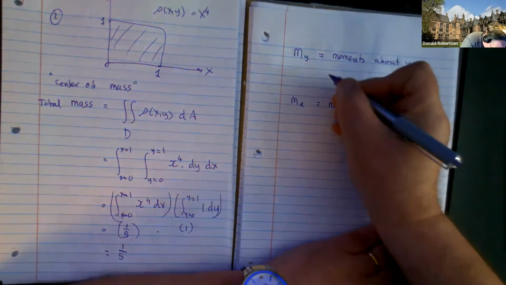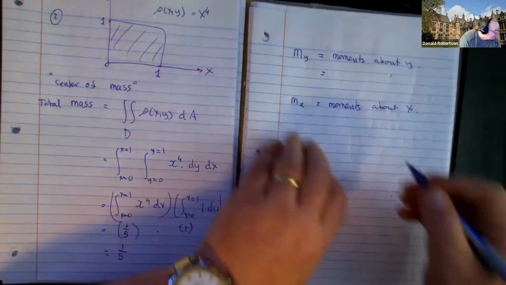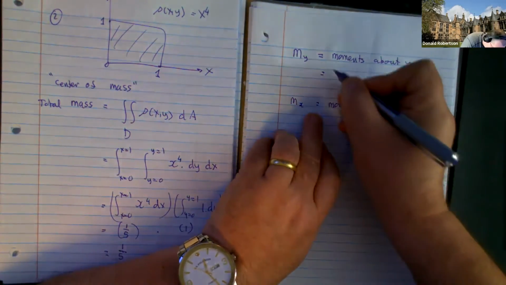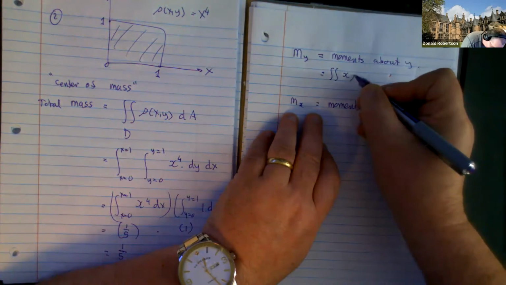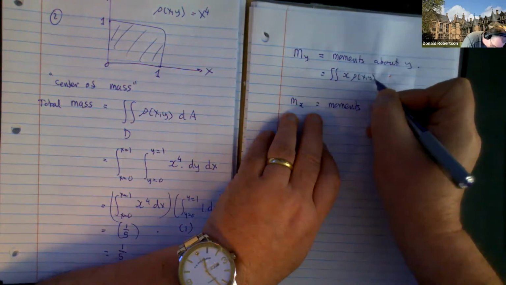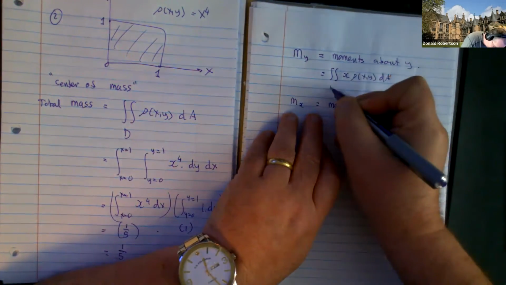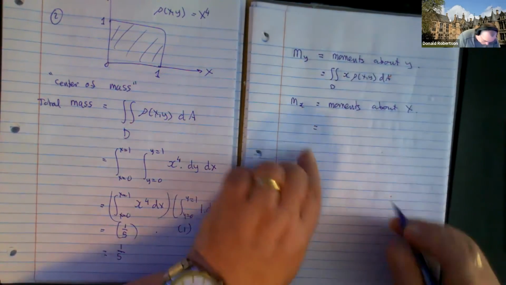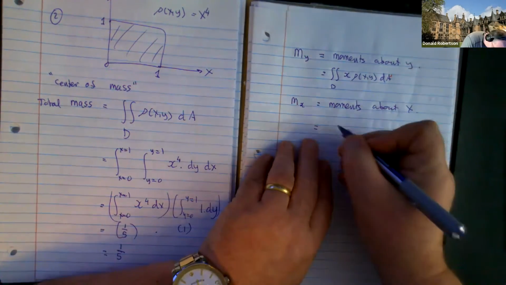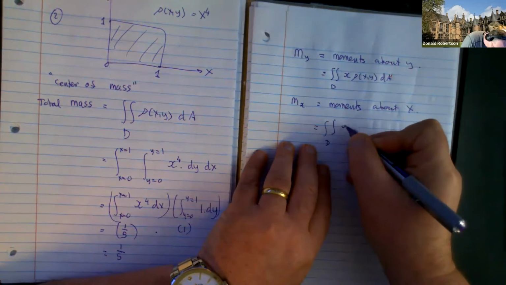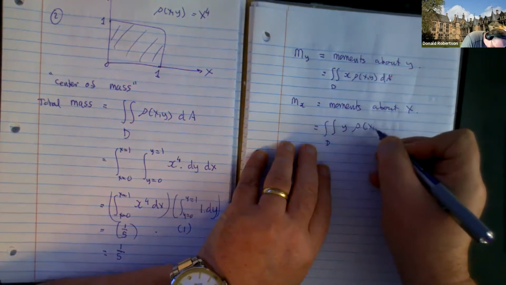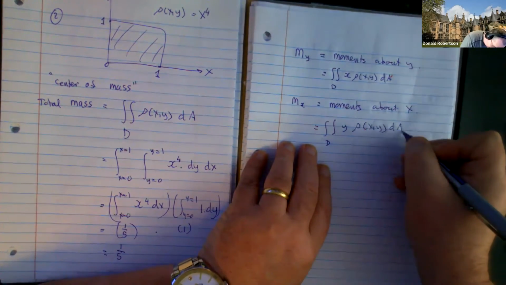If you want to calculate My, it's the double integral of x times your density function, dA. And if you want to calculate the moments about x, it's the double integral of y times the density function, dA.